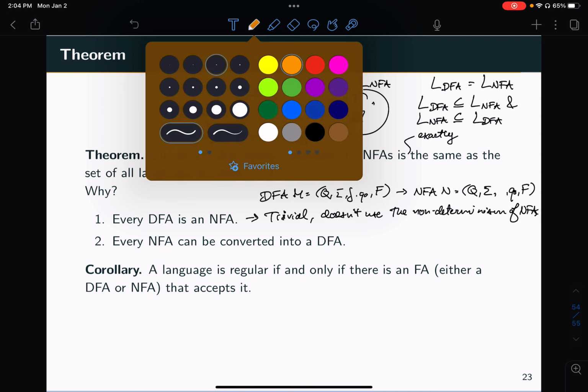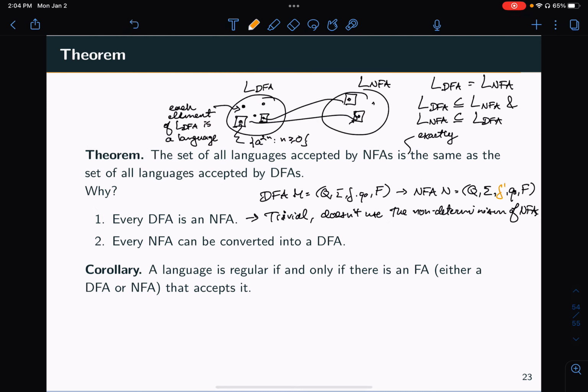The only slight difference is the transition function. If you give it a state and some letter sigma, it's going to give you only one and exactly one choice. That's going to be represented as a set of a single next state, and that next state is going to be the one from the DFA, right?